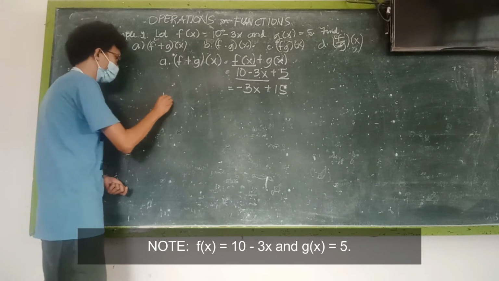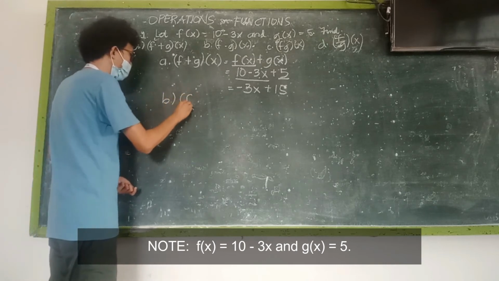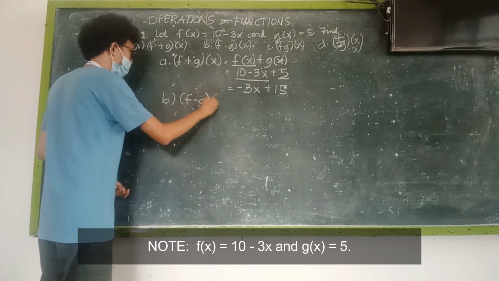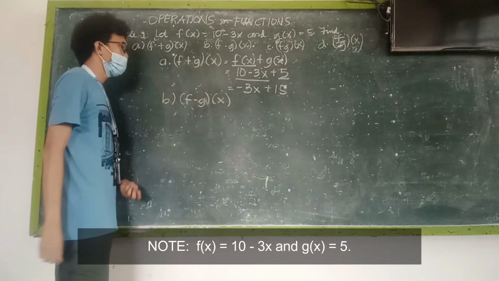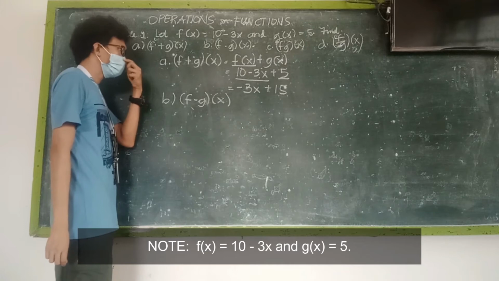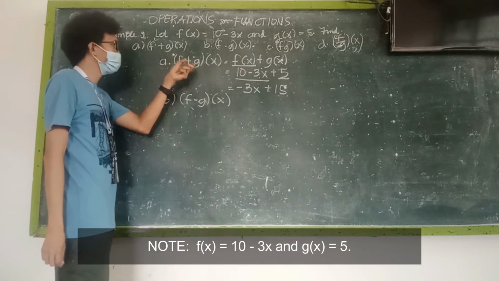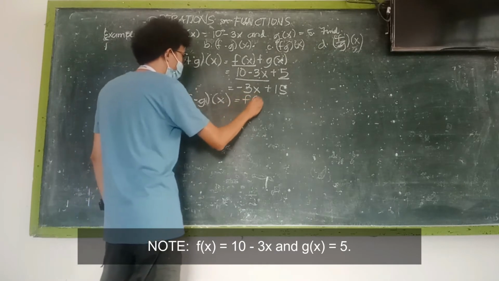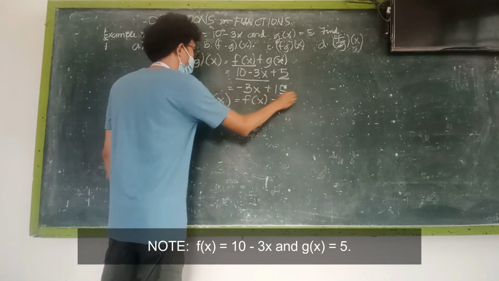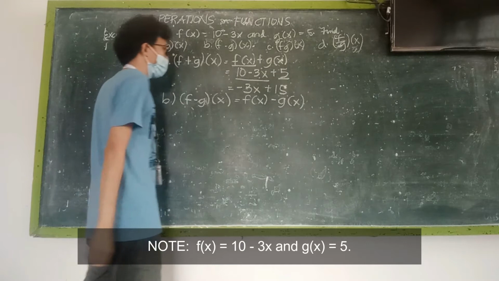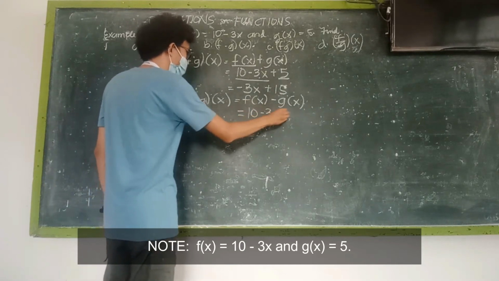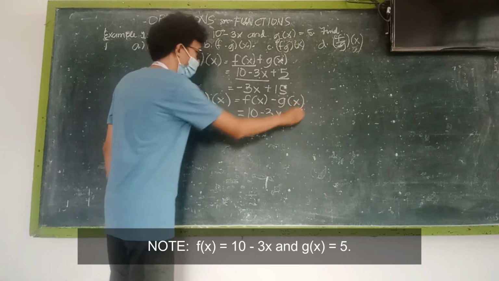Letter B, we have f minus g of x. So, the same concept we are going to apply sa addition, sa subtraction tayo. We have f of x minus g of x. F of x is equal to 10 minus 3x and g of x is equal to 5.